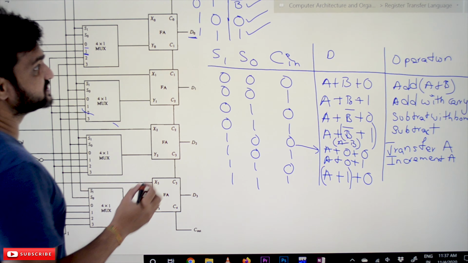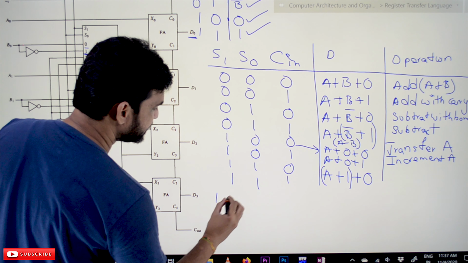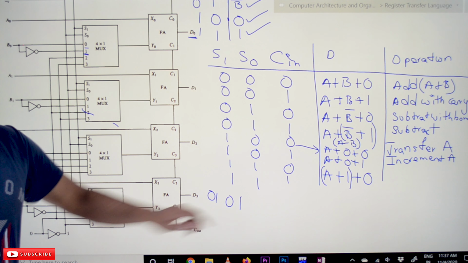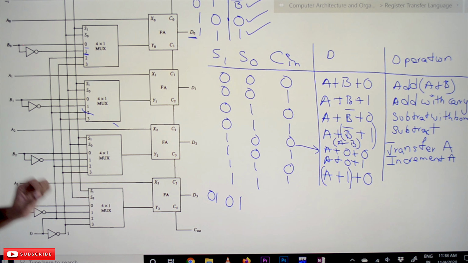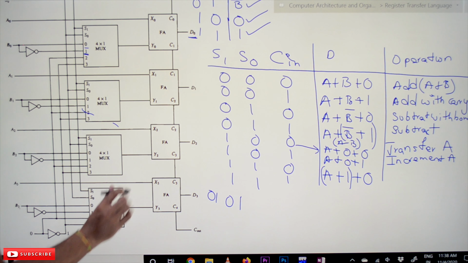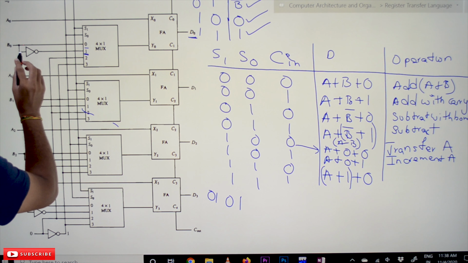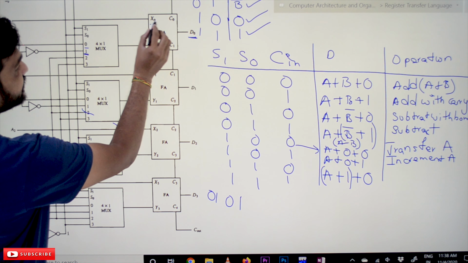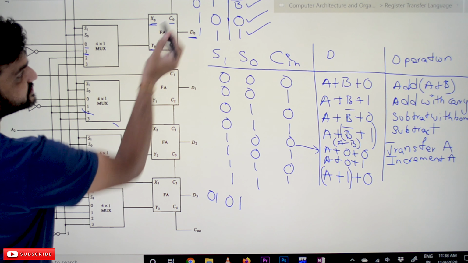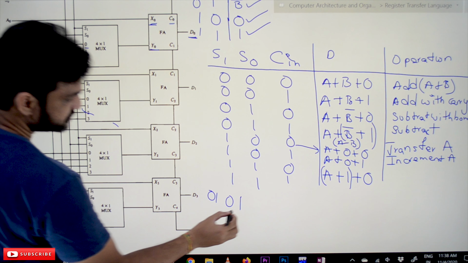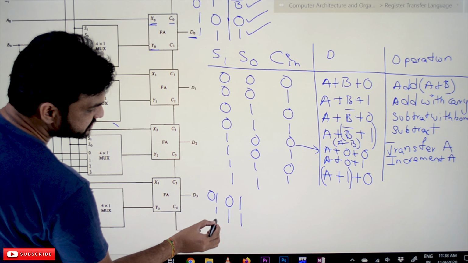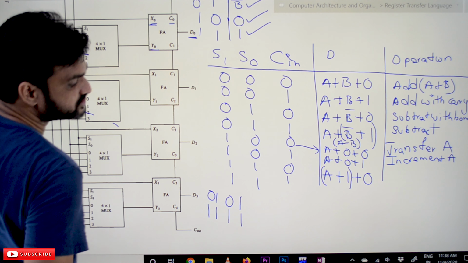For example, if the value of A is 1, 0, 1, 0, 1, 0, 1, and this is A plus 1, then for every bit of A, 1 is added and the Cn is 0.